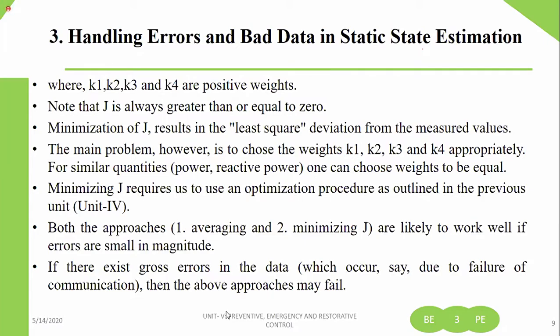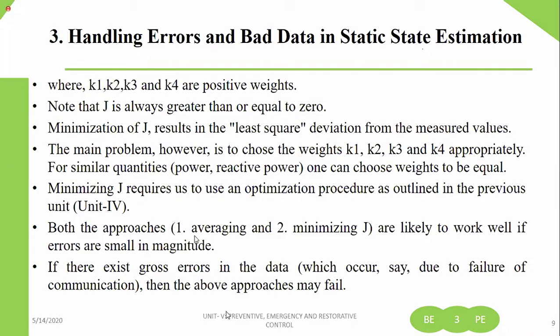It will only work for errors of small magnitude. There still exists gross error in the data, which may occur, say, due to failure of communication, and then the above approaches may fail. If there is a huge error in your data collection, then these two approaches will fail.